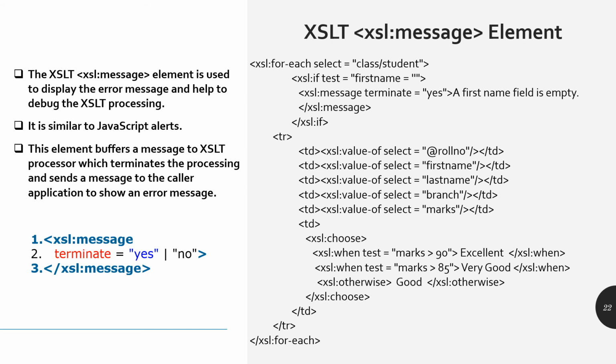The syntax is message, then we need to specify whether to terminate or not. You set yes or no according to our convenience. Then this tag should be closed properly.